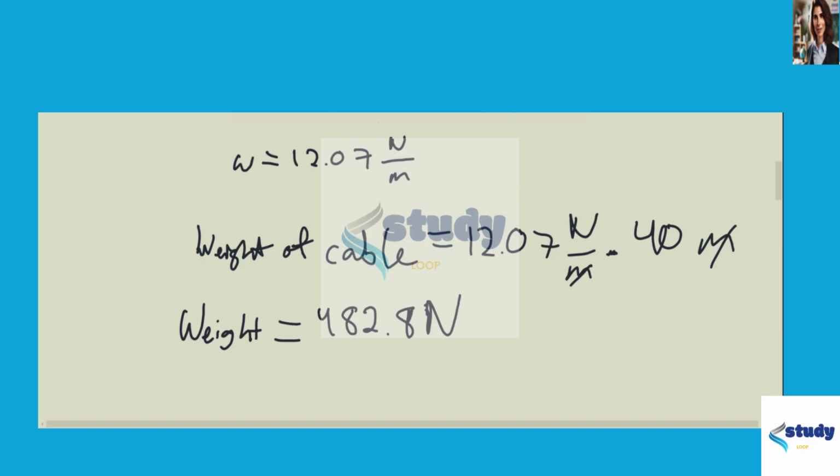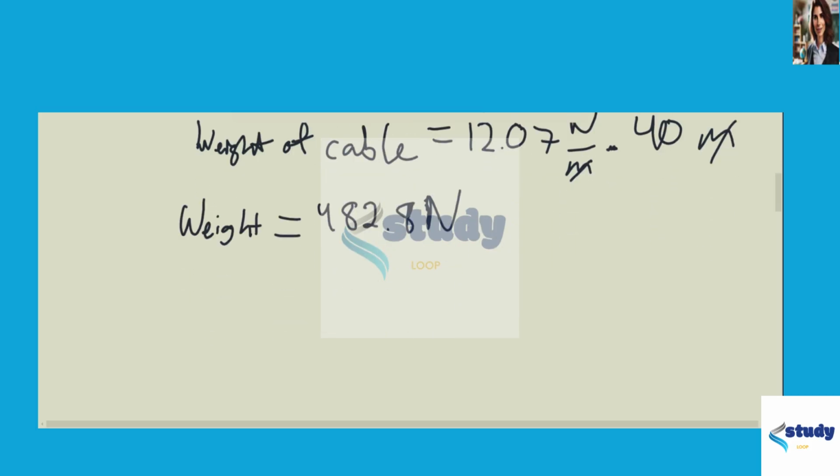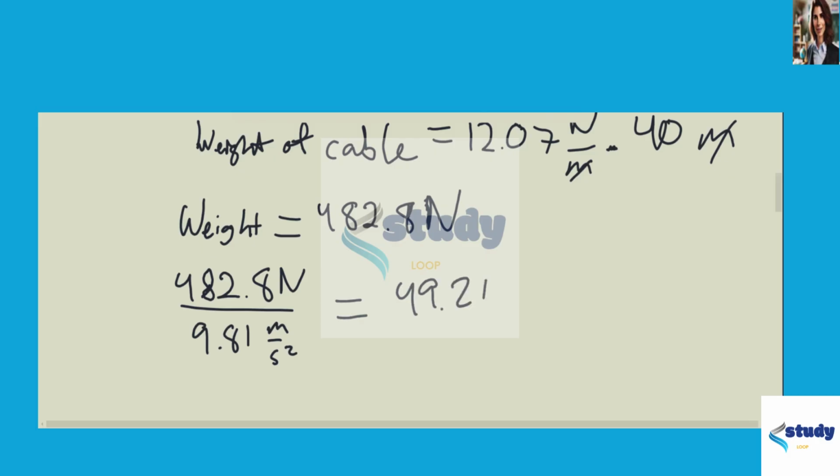We were asked to find the mass. So in order to find mass from newtons, we simply divide it by g, which is the gravitational constant on Earth of 9.81 meters per second squared. So 482.8 newtons divided by 9.81 meters per second squared is equal to 49.215 kilograms.